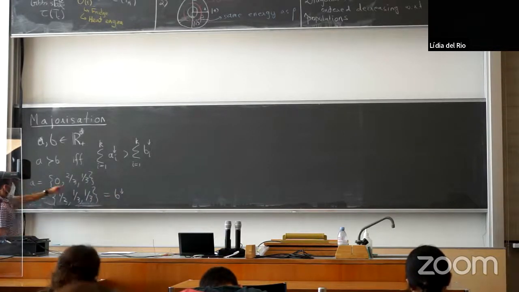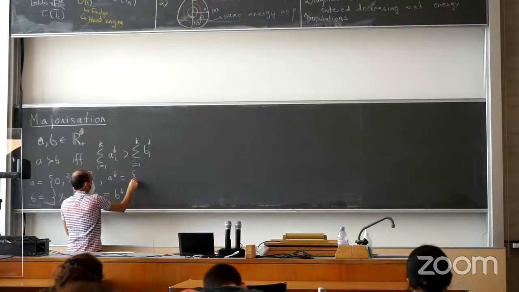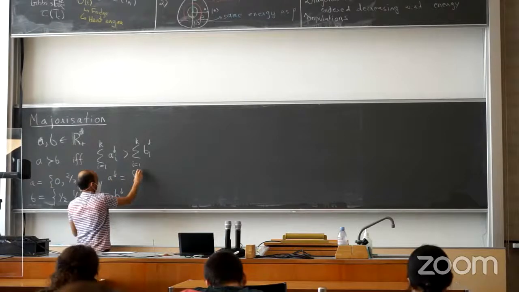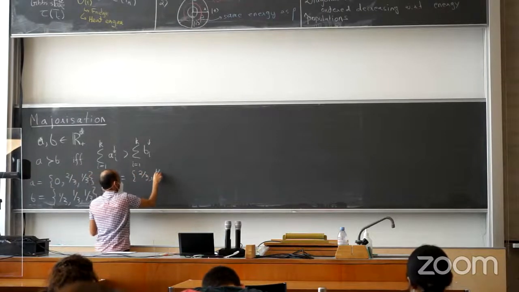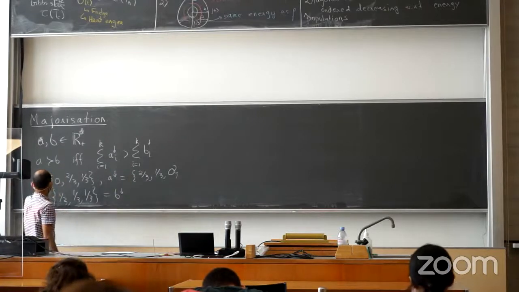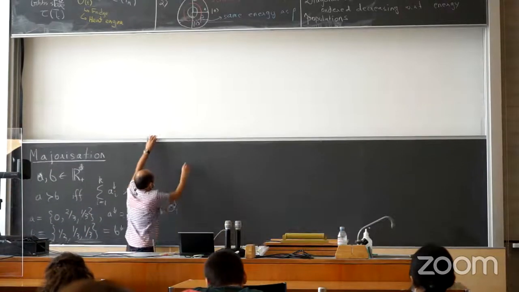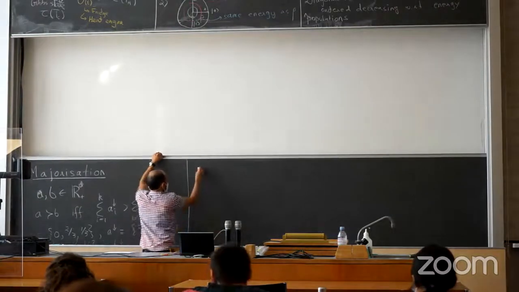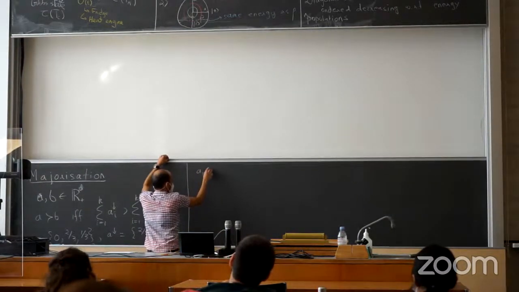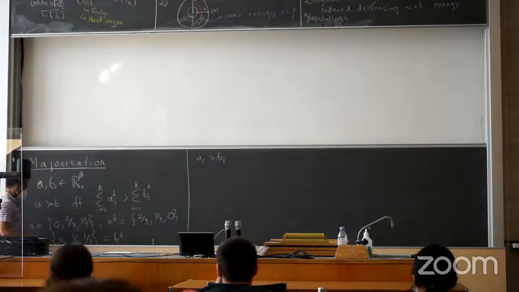But because A is not ordered, we can also create an ordered version of A. And the ordering is greatest first, so the ordered version of A is 2 over 3, 1 over 3, and 0. And so now we can see the partial sums. So A1 is greater than B1 because A1 is 2 over 3 and B1 is 1 over 3.